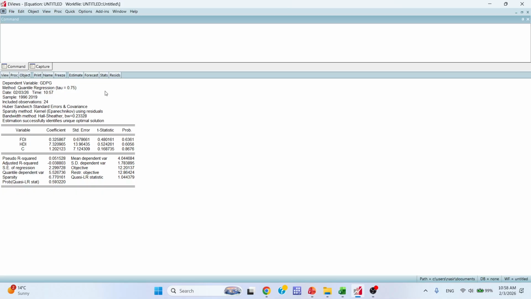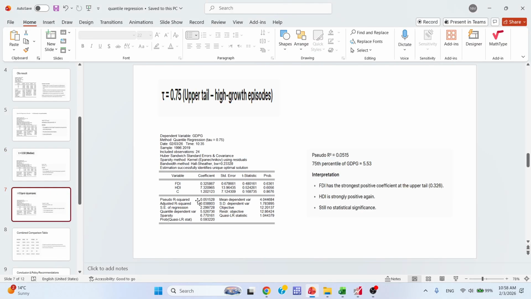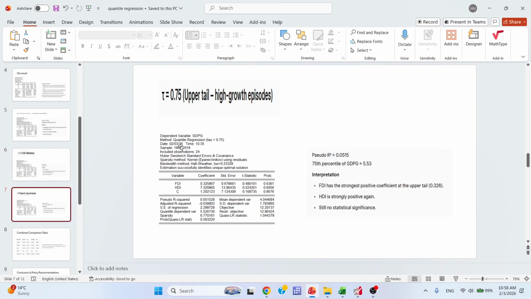I have already copied my result, and we will go to PowerPoint and explain the result there. Now you can see that FDI is still positive and its value is 0.32, while in case of the 50th percentile its value is 0.17, which means that it is a stronger positive coefficient.